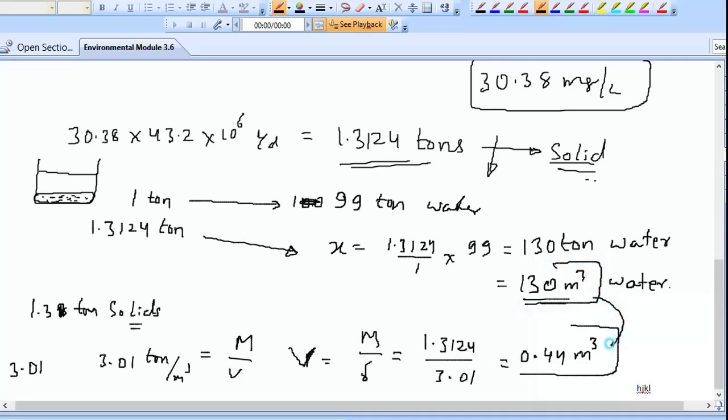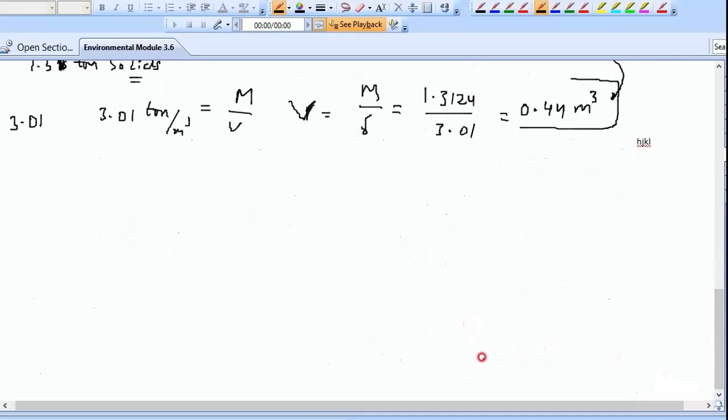Both together we will call it as a liquid sludge. Then what is the liquid sludge we got? Liquid sludge is 129.9 plus 130, we will take it 130 plus 0.44, that equals 130.44 meter cube. Okay, this much we need to remove.